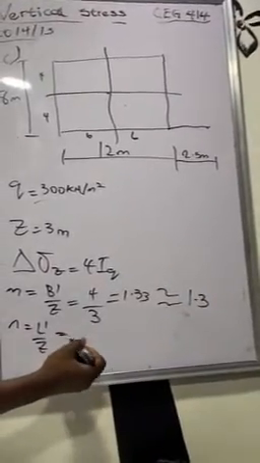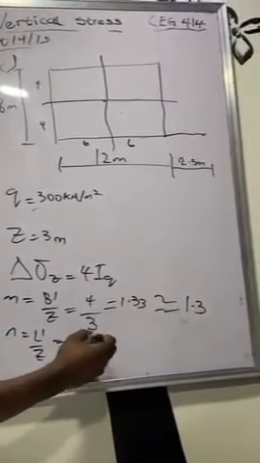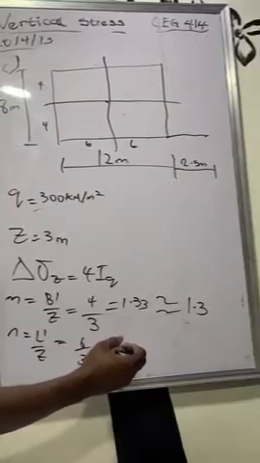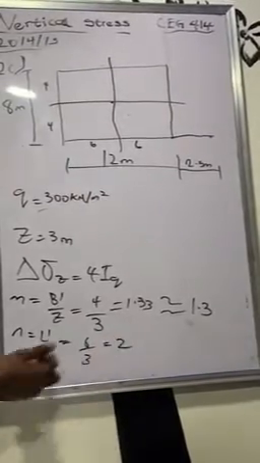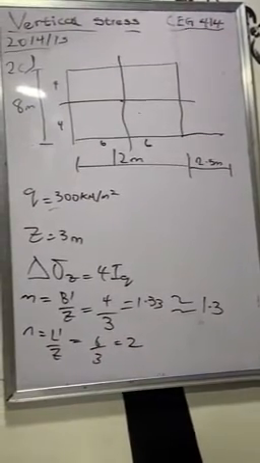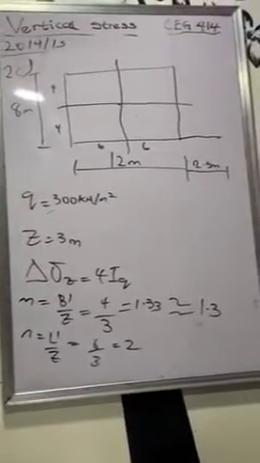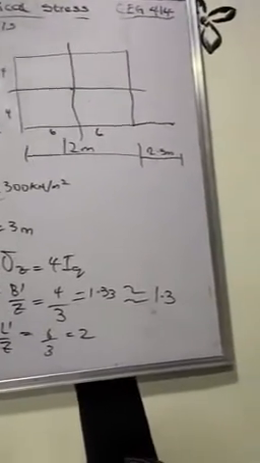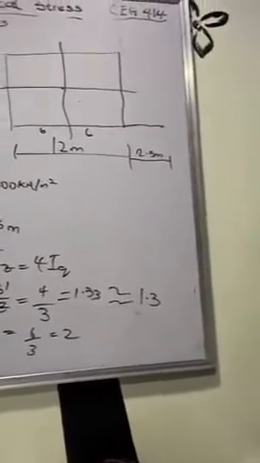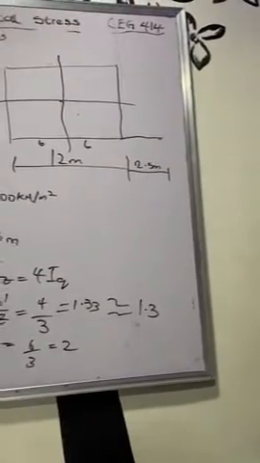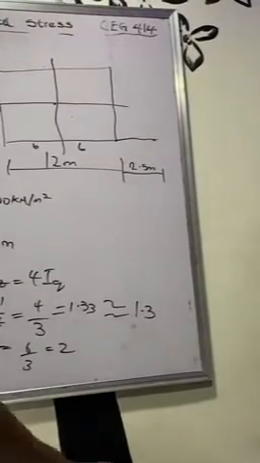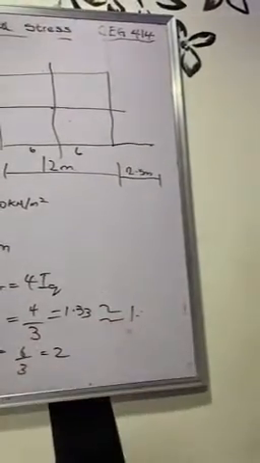And this would be 6 divided by 3, should give 2. Let me check. It's 1.3 on that paper. I don't think 1.3 is on the factor table. 1 second. 1.3 is not there. Let me just use 1.4. Approximate this as 1.4.